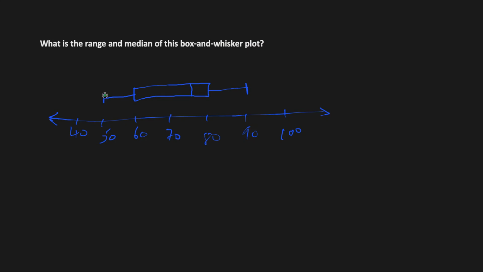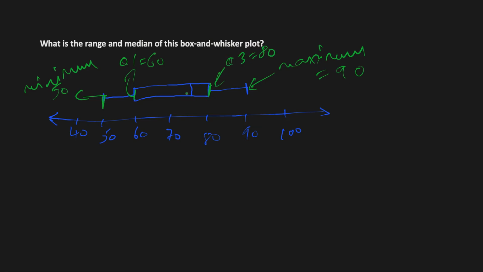This is our minimum point, which is 50. This is our maximum, which is 90. This is our Q1, which is 60. This is our Q3, which is 80. And this is our median, which is kind of in the middle of 70 and 80. So let's say 75.